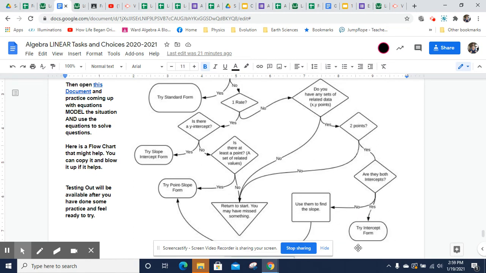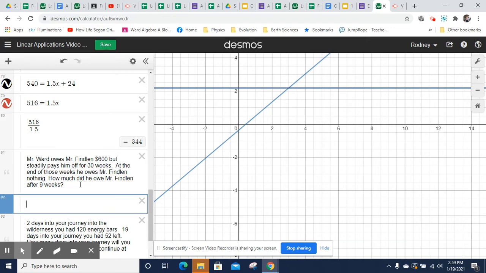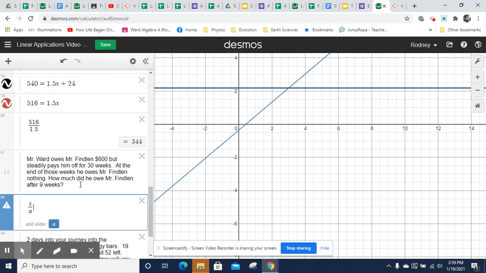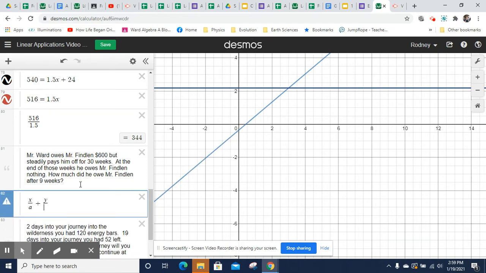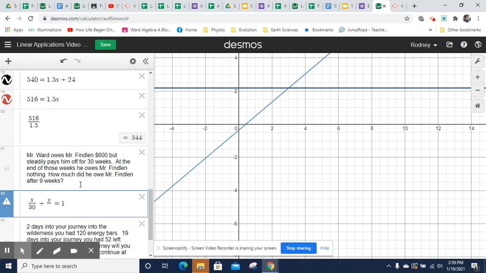Remember, time is generally x, and outputs are generally y. So please pause and see if you can come up with an equation. Assuming you paused, using the intercept form, which is x over the x-intercept plus y over the y-intercept equals 1, you worked out that the x-intercept is 30 weeks and the y-intercept is negative $600.